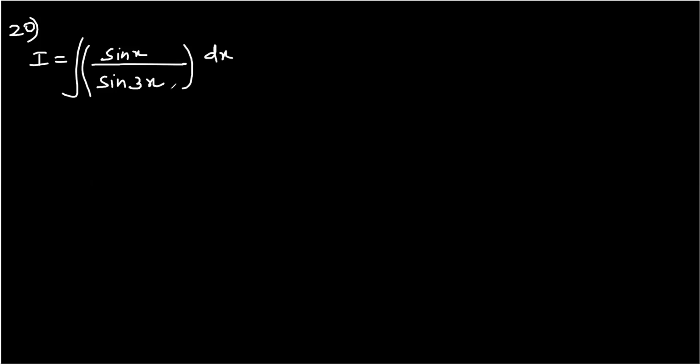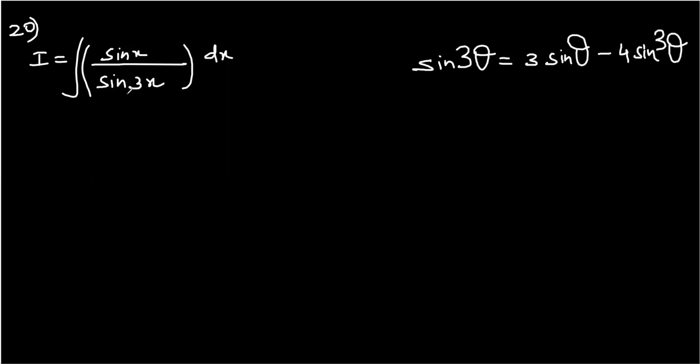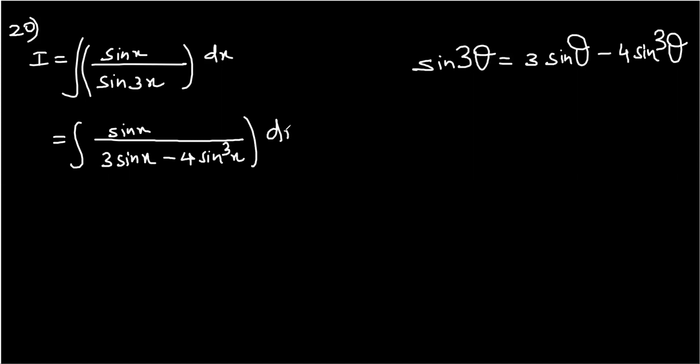In the first go, someone might think, what kind of question is this? How do I integrate this? But then you have to apply the sine 3 theta formula. Sine of 3 theta is 3 sine theta minus 4 sine cube theta. So the numerator sine x I write as it is, and in the denominator I write 3 sine x minus 4 sine cube x, and dx.